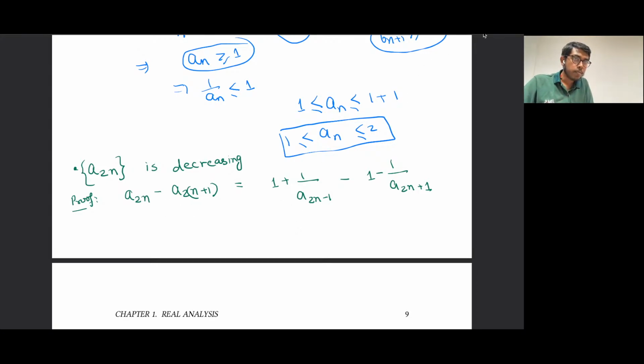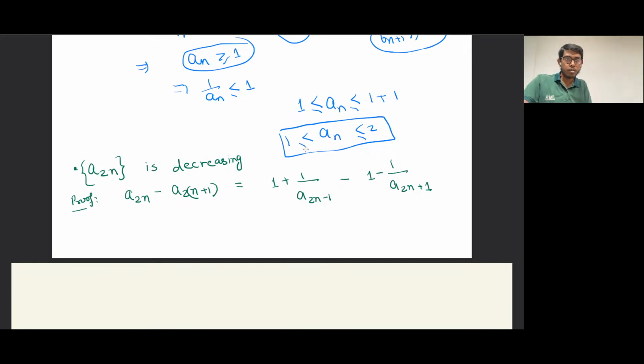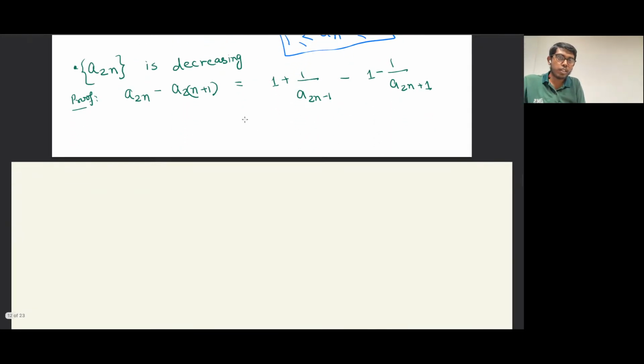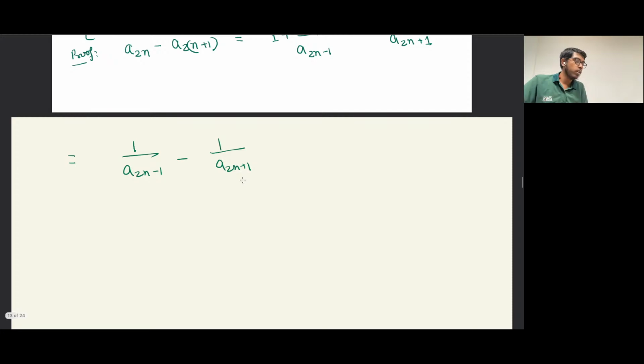Fine. So then this is equal to 1 plus, so 1 will get cancelled. So let's write 1 by a_2n-1 minus 1 by a_2n+1. Okay.